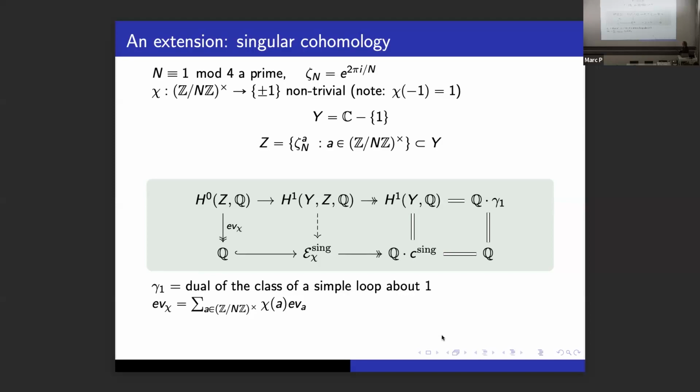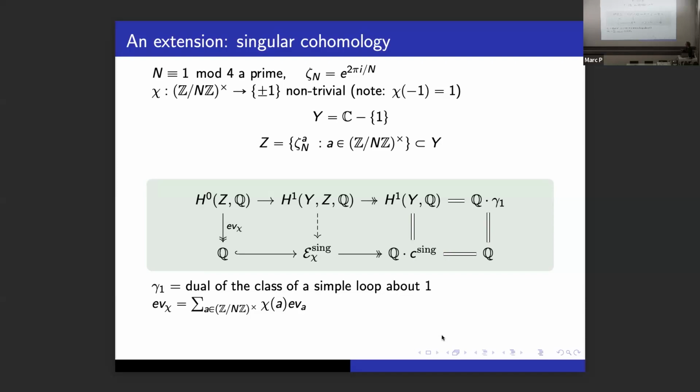So there's an exact sequence which has as its quotient, in this case, the usual cohomology, and the kernel is the surjective image of the H0 of our points. And so this is all very simple. Since we've only removed a single point, the cohomology is actually a 1-dimensional Q space, generated by the dual of the loop about our point.